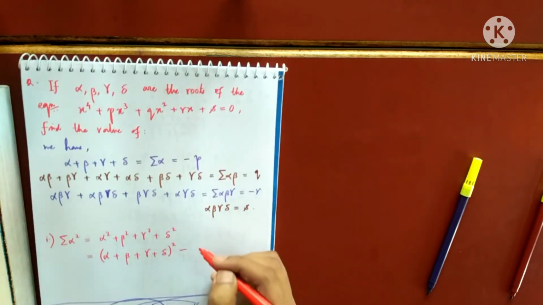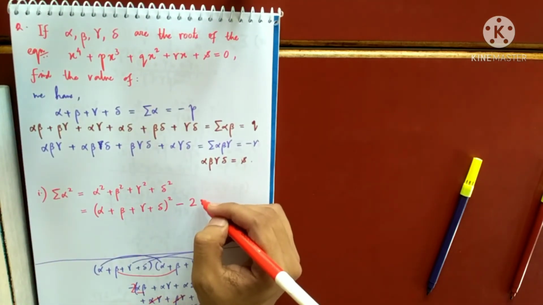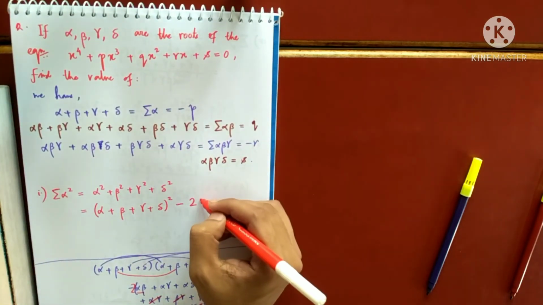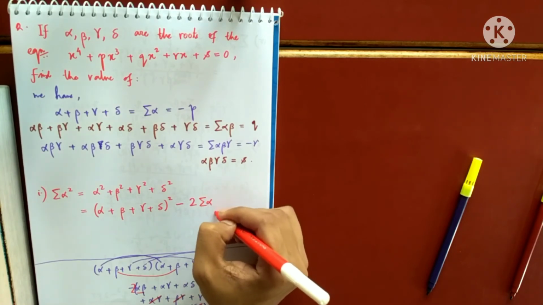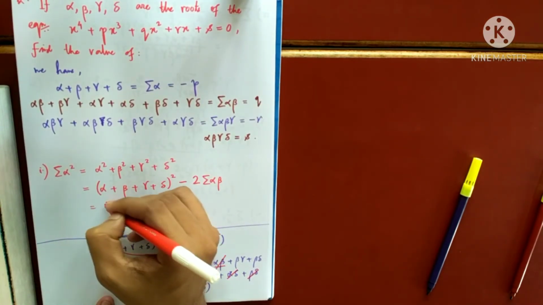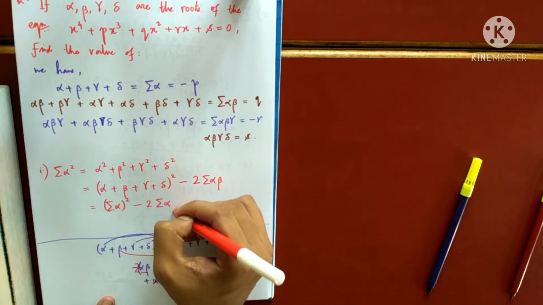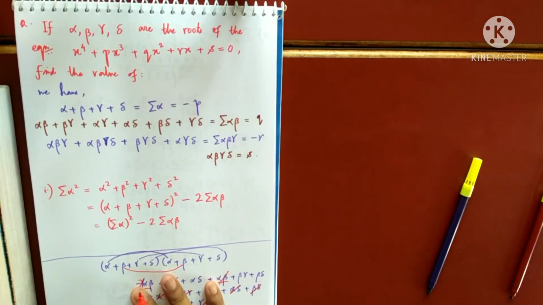Okay? So that means minus 2 times, you may write all these things, or simply I may write summation alpha beta. So which is nothing but summation alpha whole square minus 2 summation alpha beta. Understood how I am getting this?